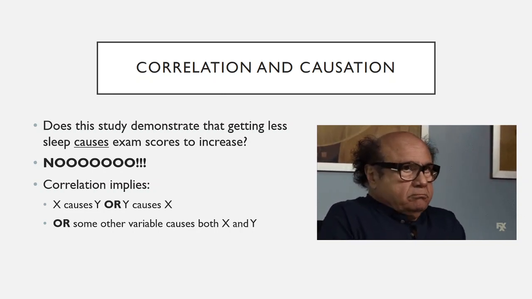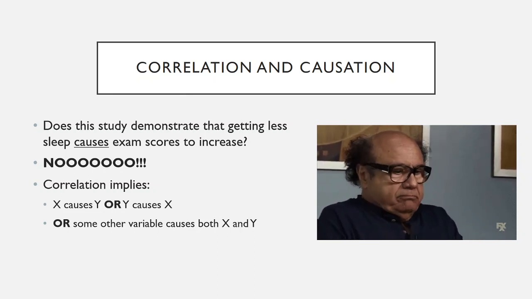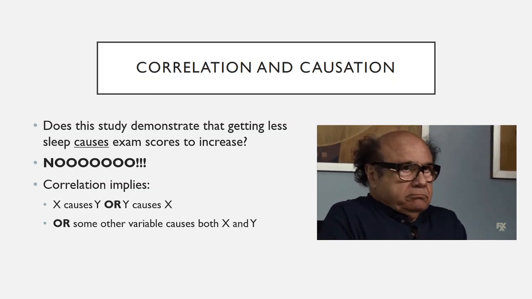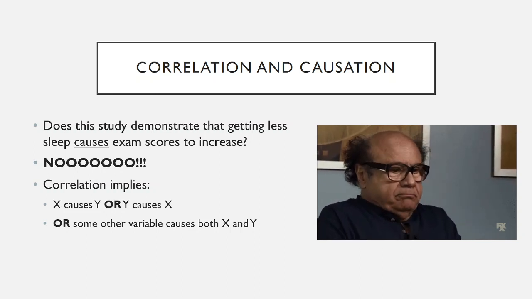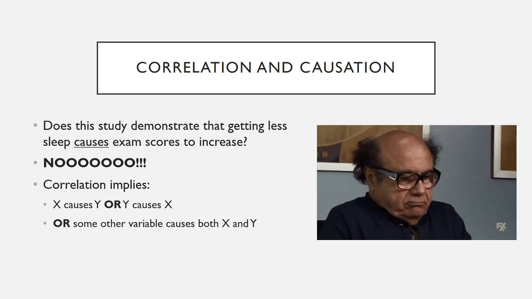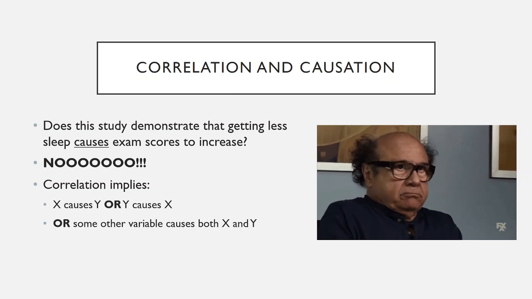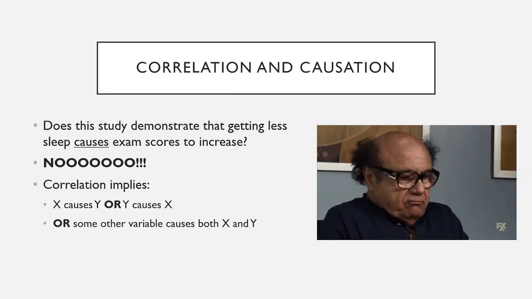Now, even though you ruled that out, you still can't necessarily claim that sleep caused changes to the exam scores. And the reason is that correlational research does not let you rule out a possible third variable causing changes to both x and y. For this example, let's say anxiety was associated with both sleep and exam scores.